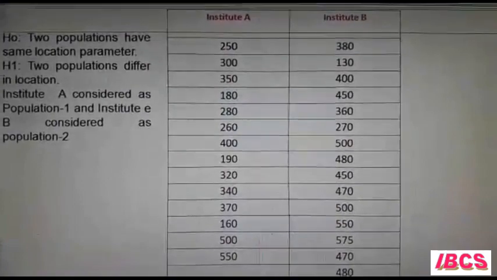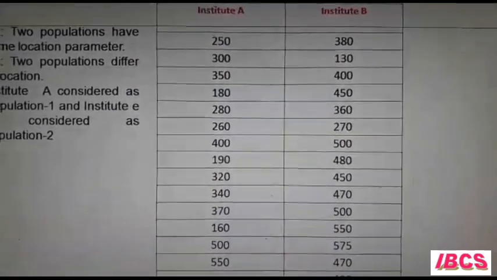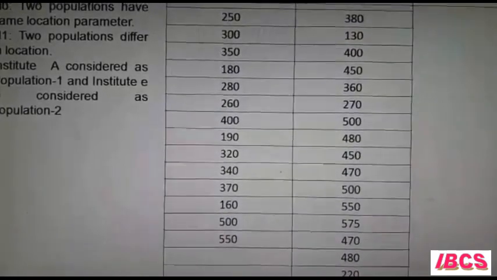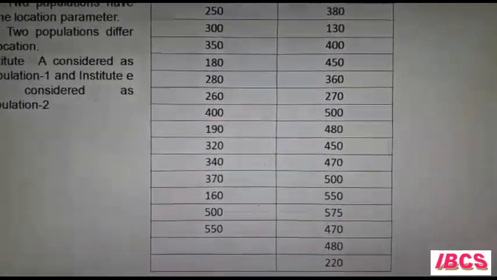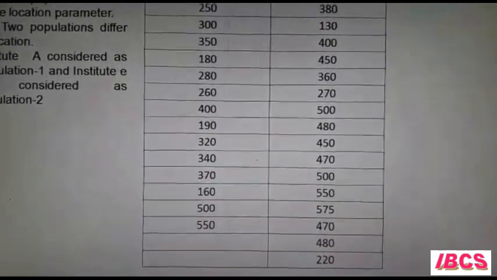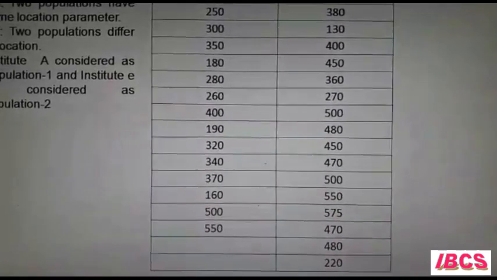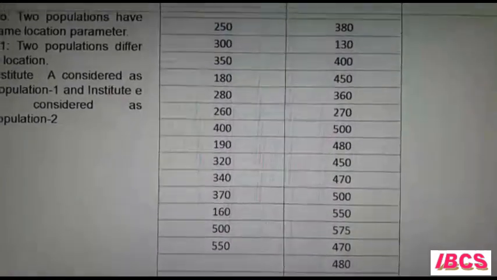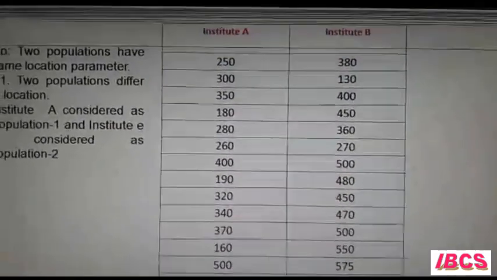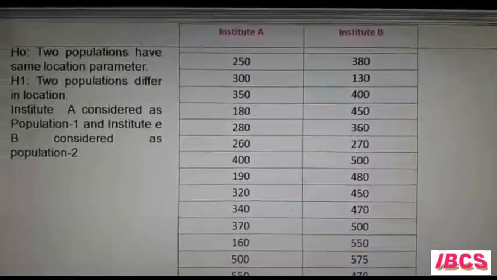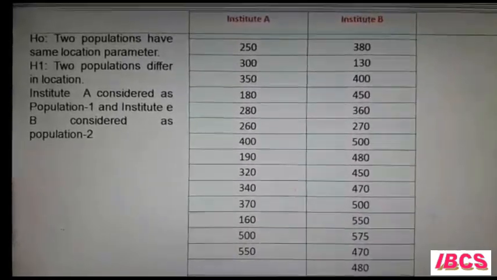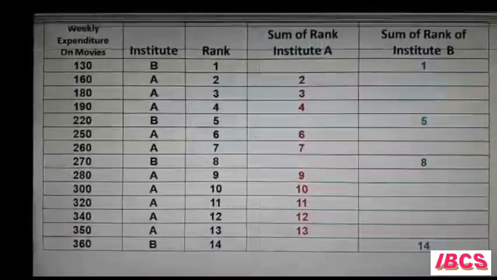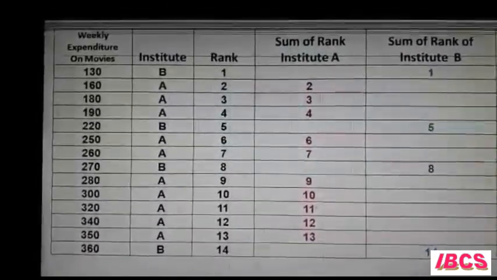And this is the data we have from Institute A and Institute B. Then what we do is arrange the data in ascending order.